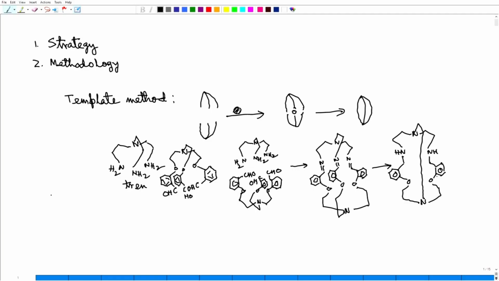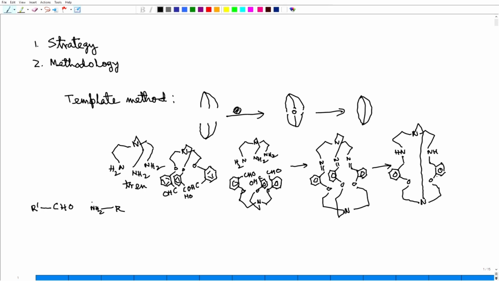You have to know this reaction. CHO, okay, and then NH2, then R, say R prime.